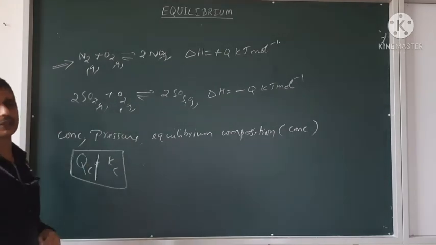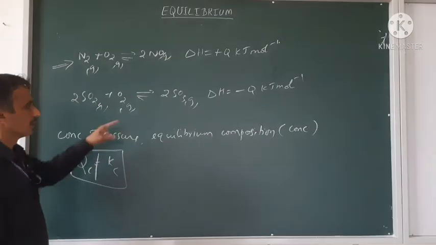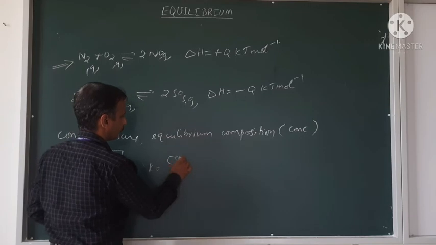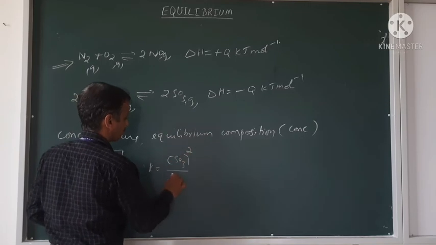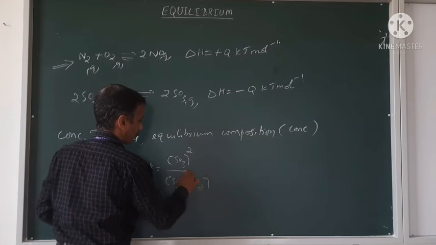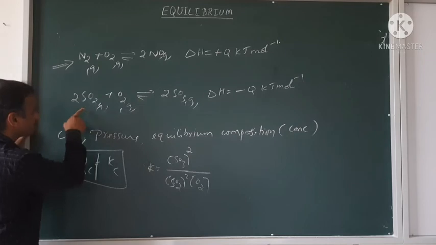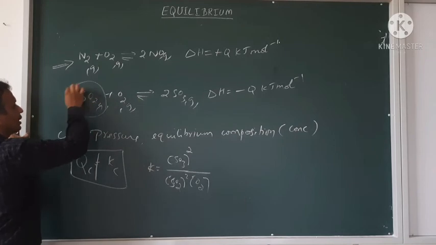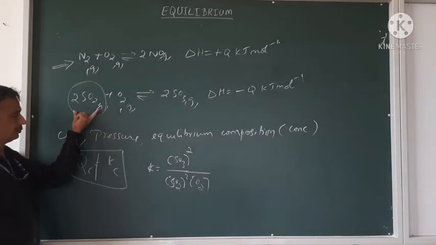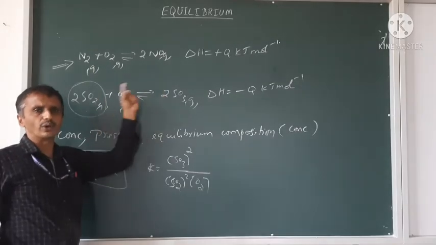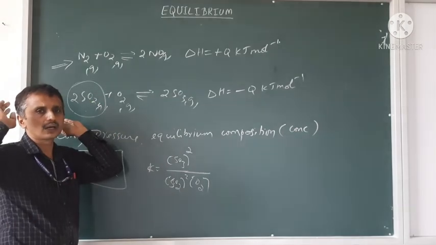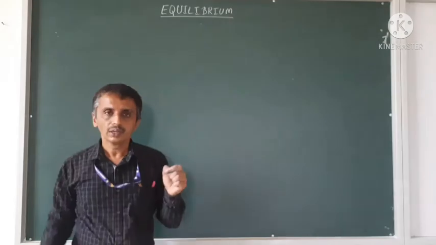This equality will be lost. Let's see here. K is equal to SO3 to the power 2 divided by SO2 to the power 2 into O2. When I add SO2, this composition will increase. See, this is changing. Then this will also be affected by these changes, means the composition will change over time.